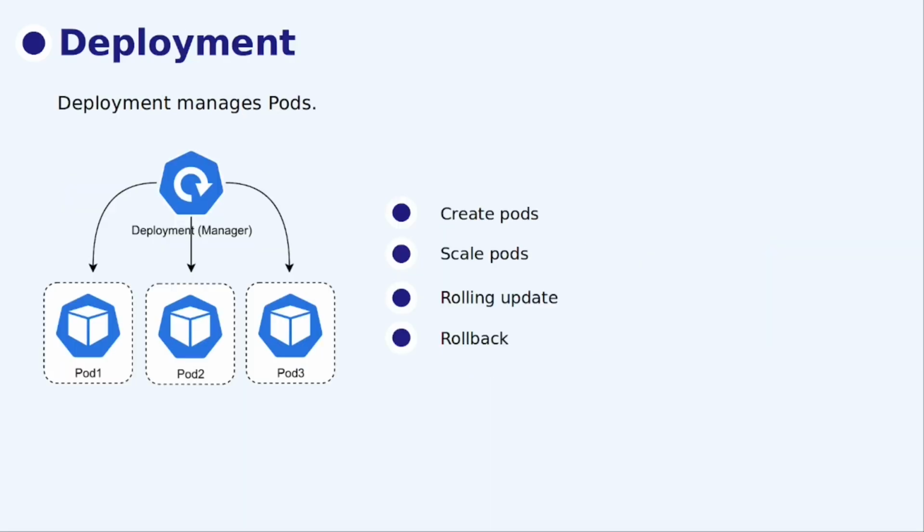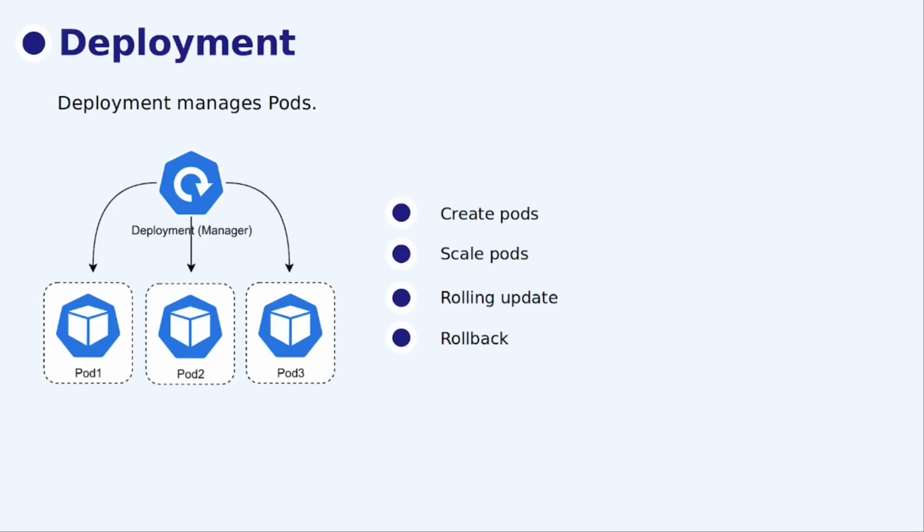Deployment. Managing Pods manually would be very difficult. That is why Kubernetes provides a higher level object called a Deployment. A Deployment is responsible for managing Pods automatically. For example, we can define the number of replicas we want.